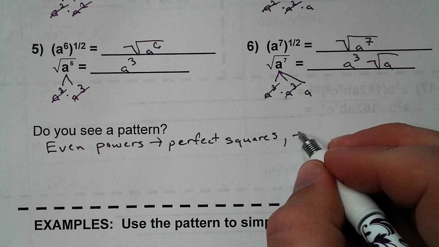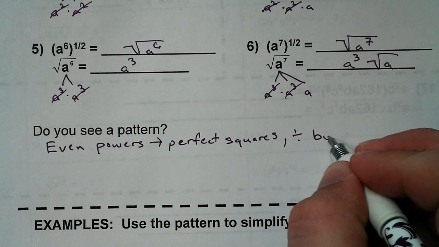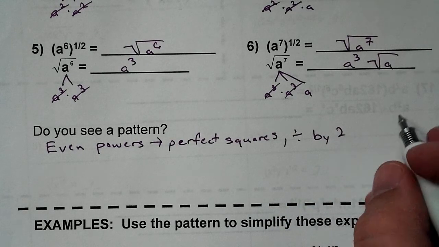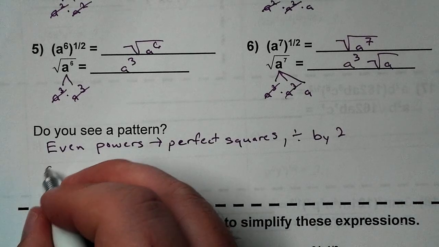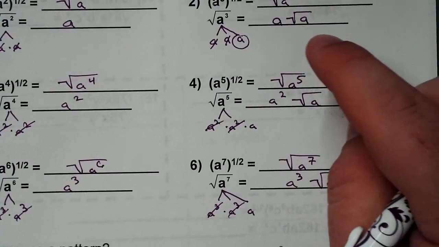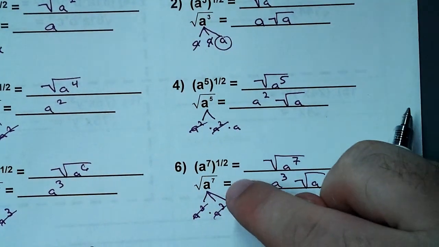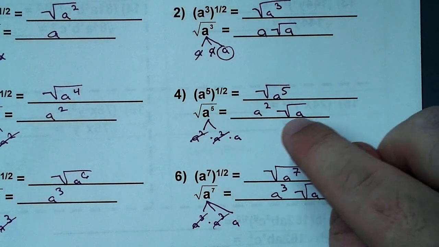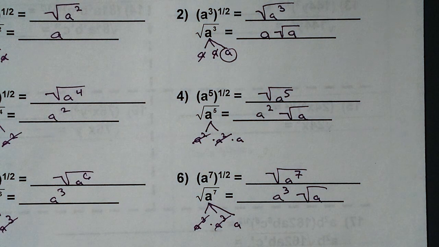So all you do is divide by 2. Now, what did we see every single time we had an odd number? 3, 5, and 7. Well, there was always 1 guy left over after we divided by 2.